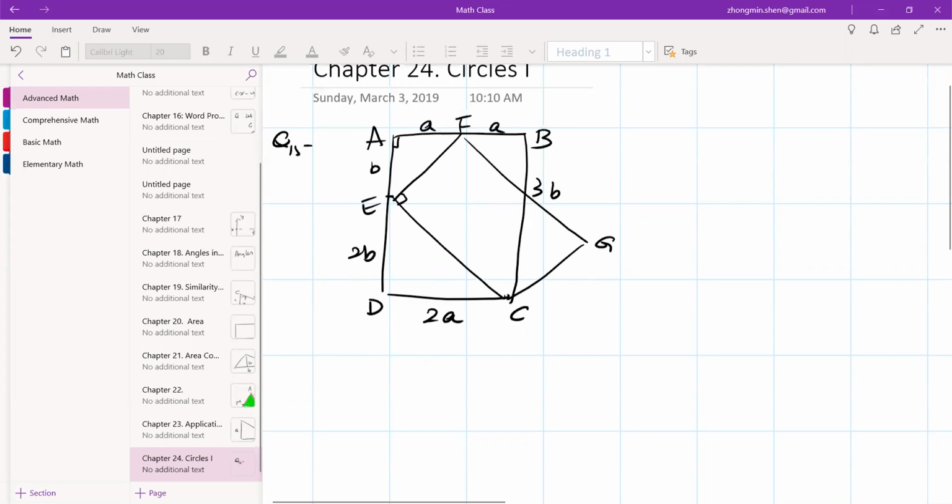So this is going to be X, this will be Y. What we have to find is X times Y, and this will be 2A times 3B, for example. The ratio of the areas, so that must cancel out at the end.